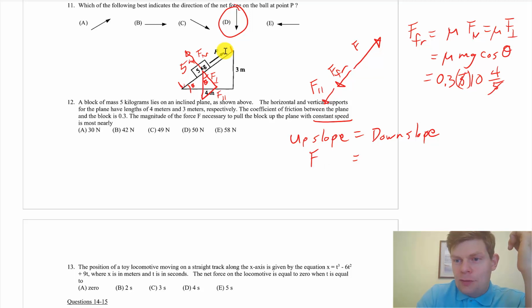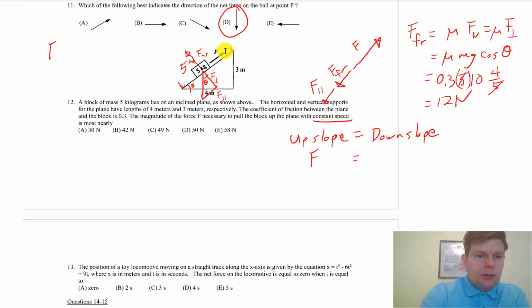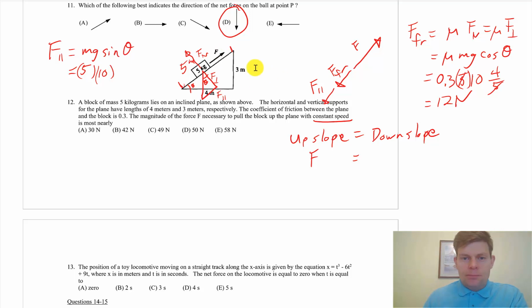We can cancel out our 5. 10 times 0.3 is 3. 3 times 4 is 12. And then our F parallel, I'll throw that over here, is just mg sine theta. We can use the same little trick. It's 5 kilograms times 10 times the ratio of the sides, opposite over hypotenuse, so 3 over 5.